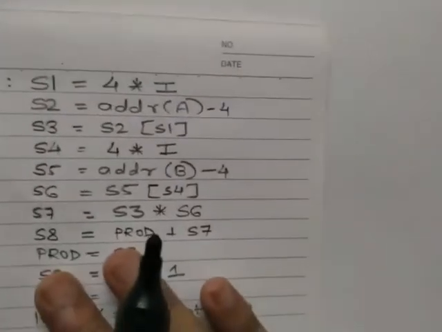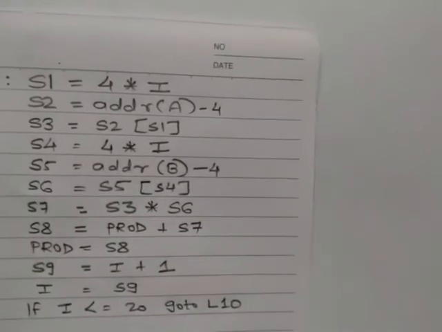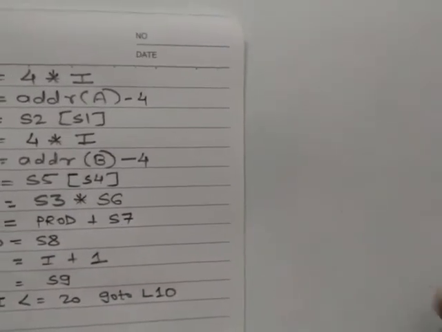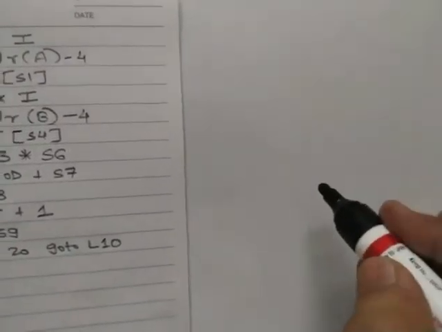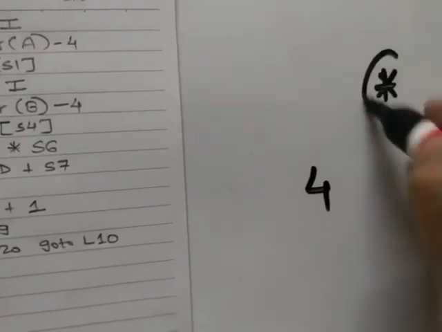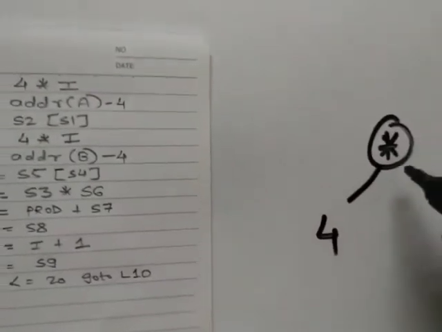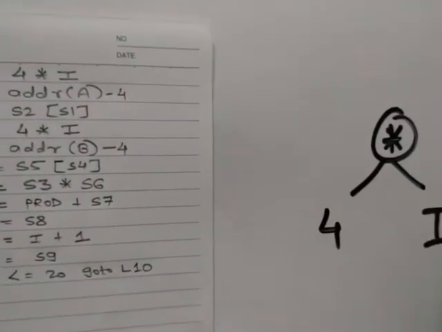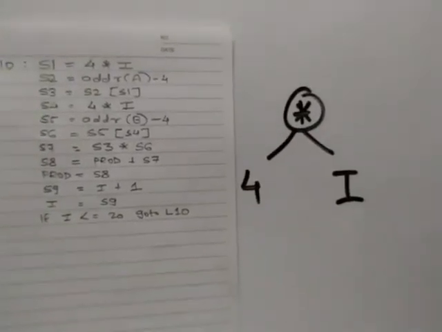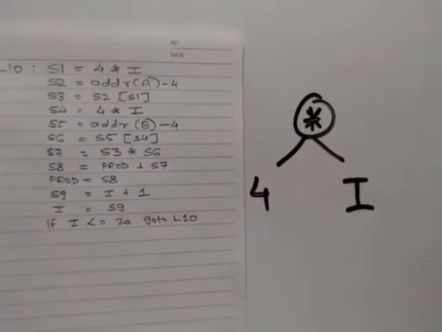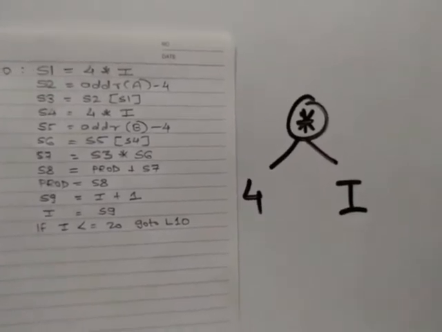Consider the first instruction, that is S1 equal to 4 into I. For that, I am simply drawing the DAG construct. So it will be 4 into I. Now next I have the S2 part, that is address of A minus 4.